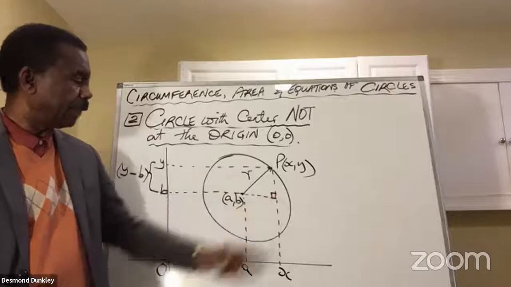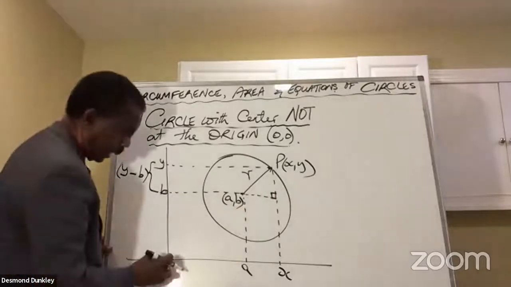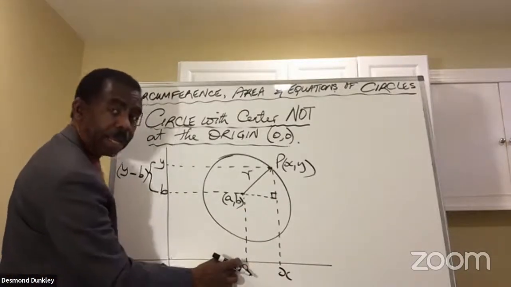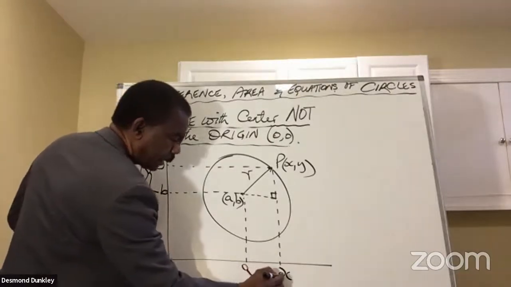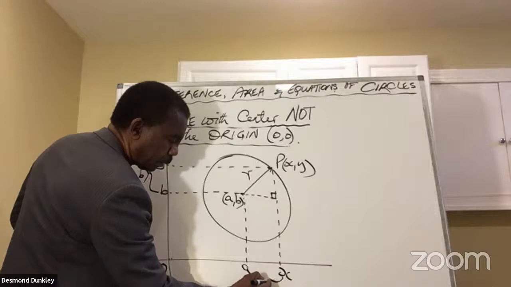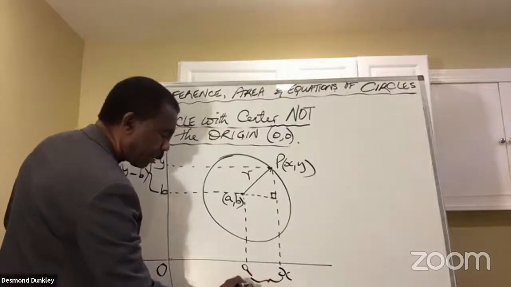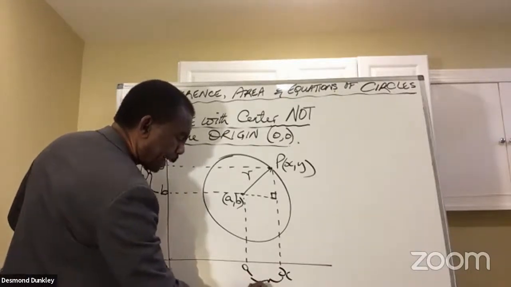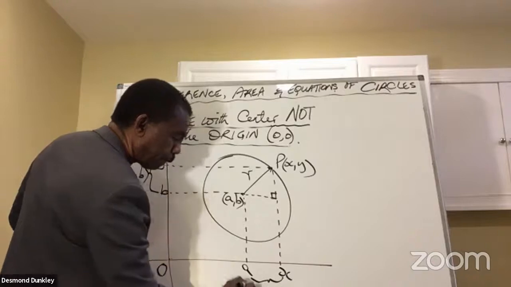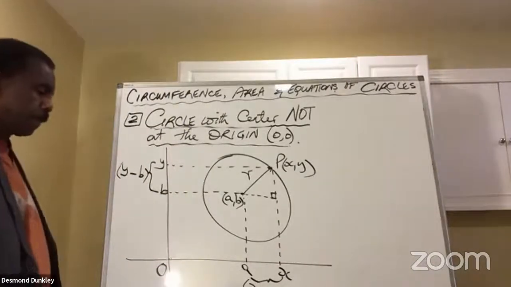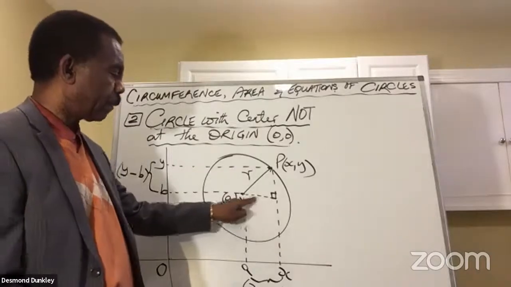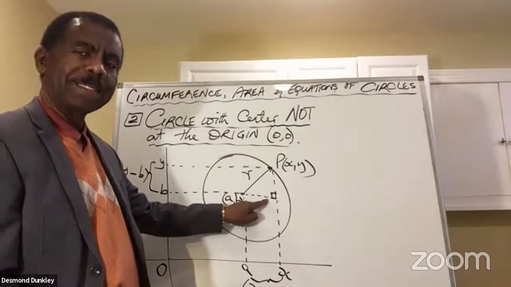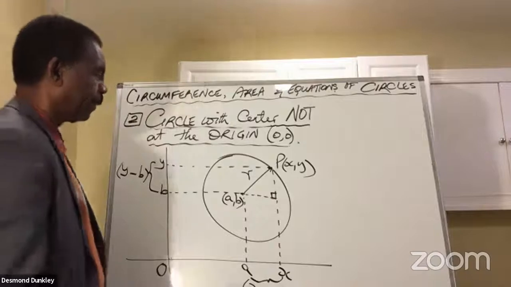So this is the same. Now, from here to here is A. From here to here is X. So this distance has to be X minus A. And of course, it's going to be the same as this portion right here, X minus A.